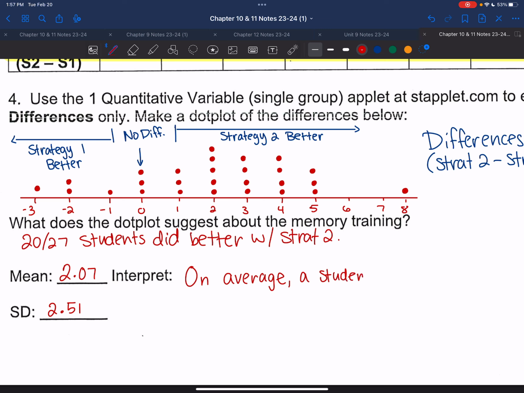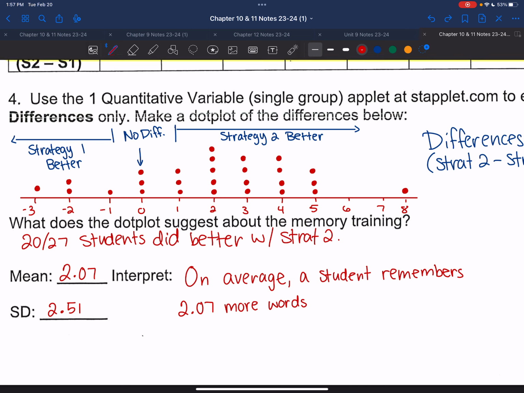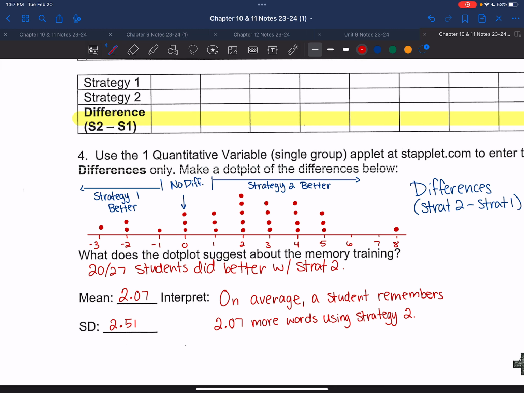So a student remembers 2.07 more words using strategy 2. Because if it's positive, that means strategy 2 did better.